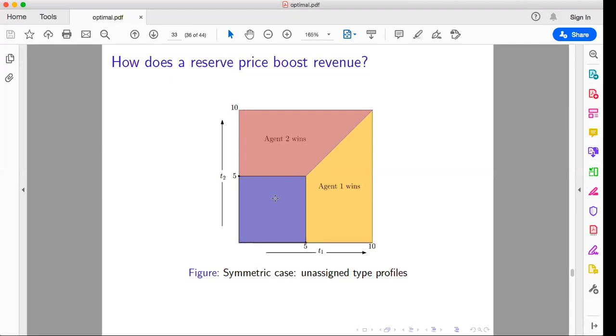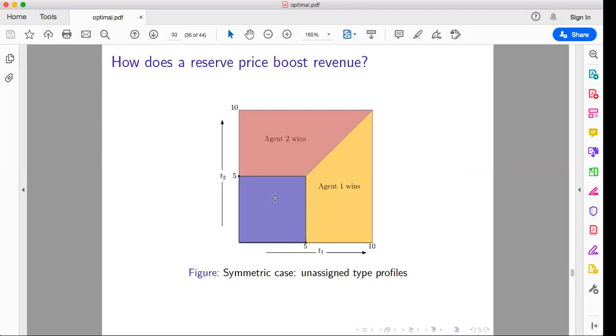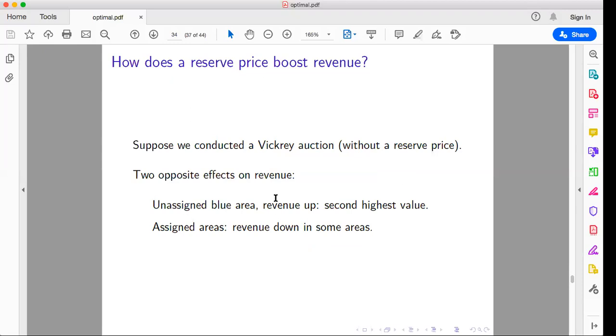So if I, as a seller, am looking at this mechanism, I know that 1/4 of the time I will not sell the object. Then the question is, how can that be an optimal mechanism? What the seller could have done is not set a reserve price, and just conduct a Vickrey auction. So there are two opposite effects on revenue by not setting a reserve price.